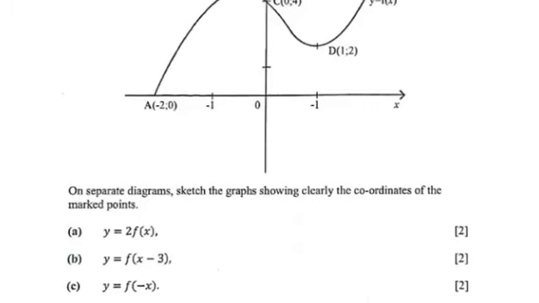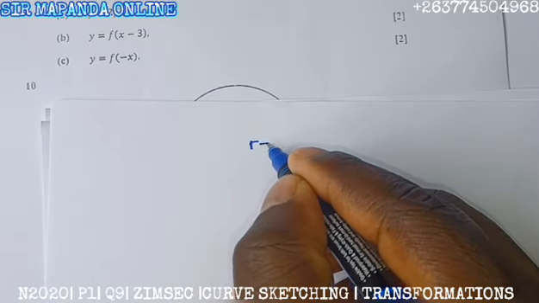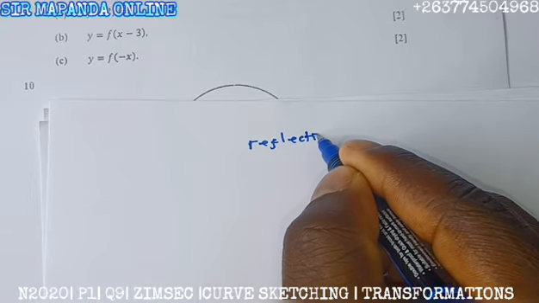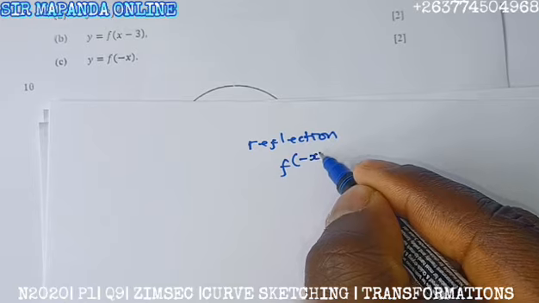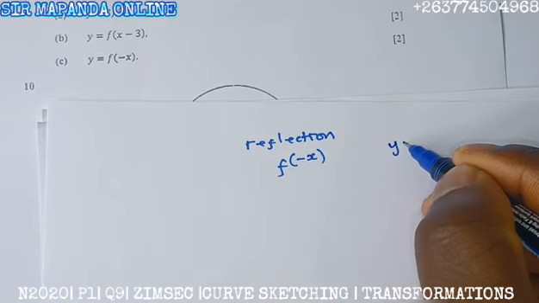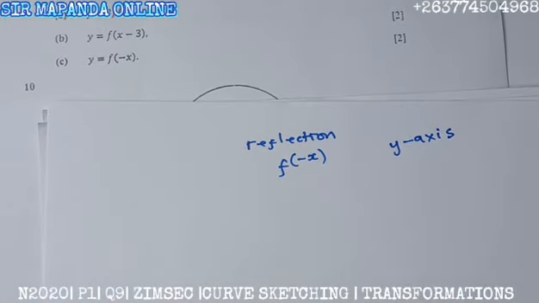Part C, it reads y is equals to f of minus x. This is a reflection. We refer to this as a reflection. But since the negative x is inside the bracket, it means your mirror line is the y-axis. I hope you are following.